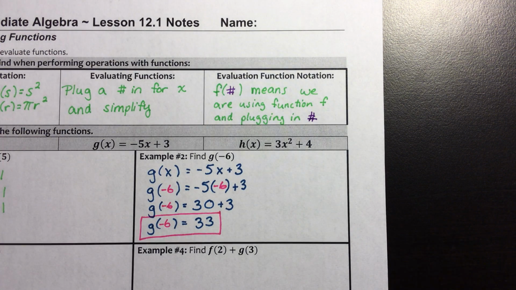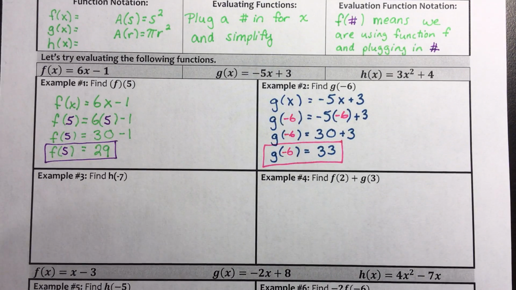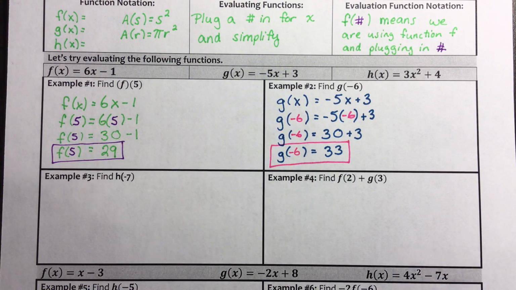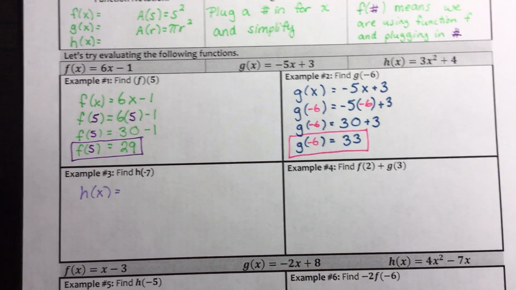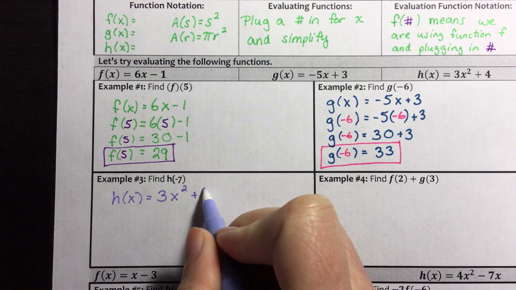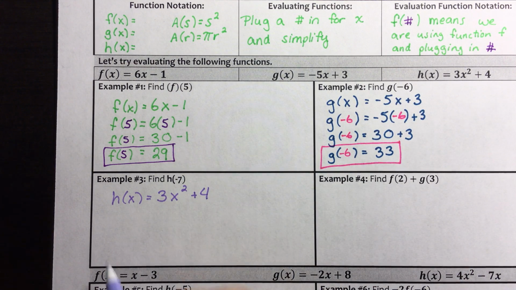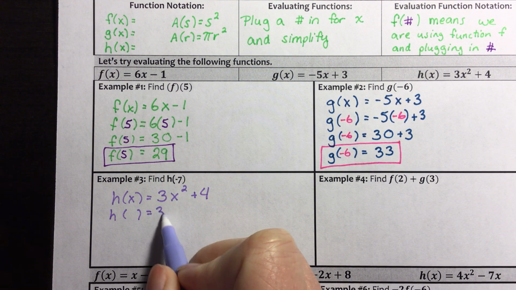All right, next problem, h. So h of x is 3x squared plus 4. Let's plug in negative 7.